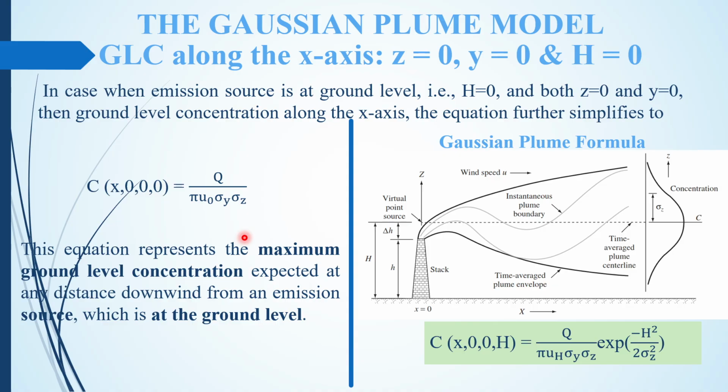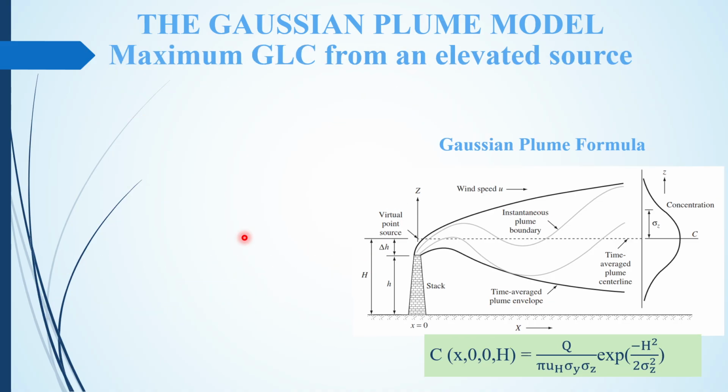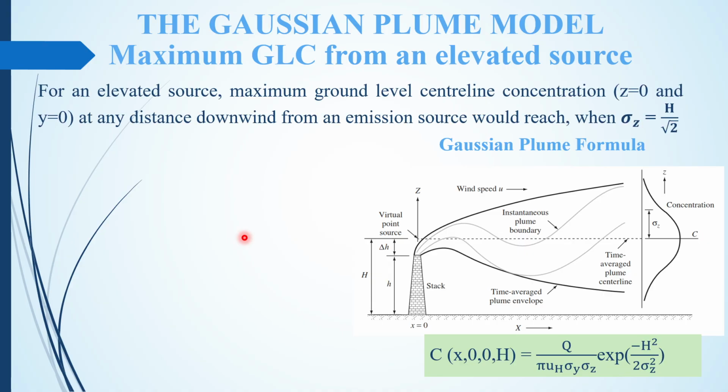But if we want to know the maximum GLC from an elevated source, because that was the maximum GLC for a source at ground level, then for an elevated source, the maximum ground level center line concentration at any distance downwind from the emission would be reached when sigma z becomes h by root 2.